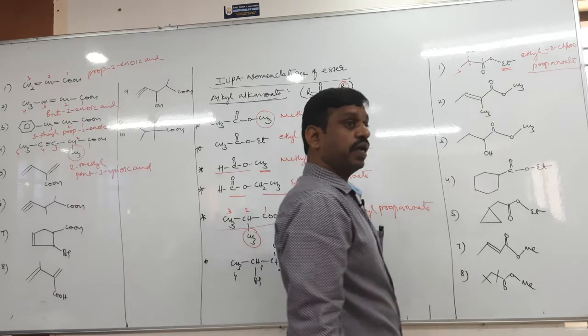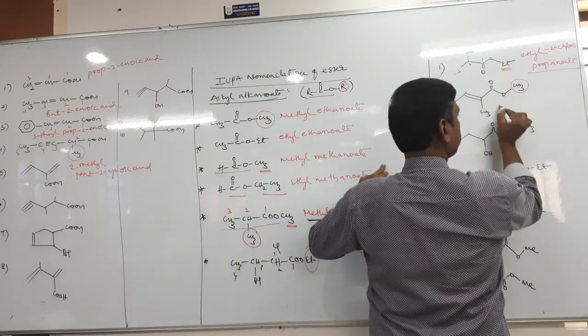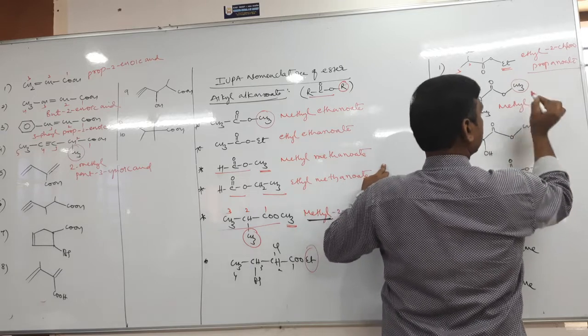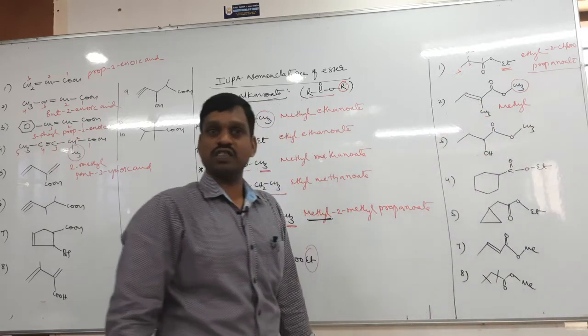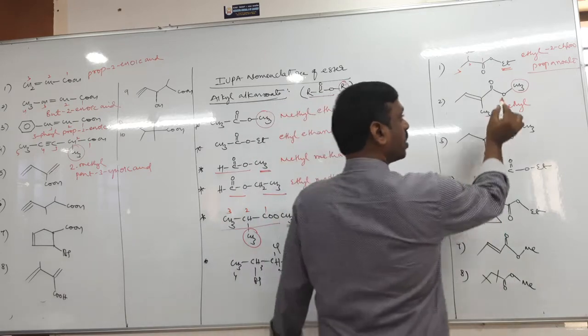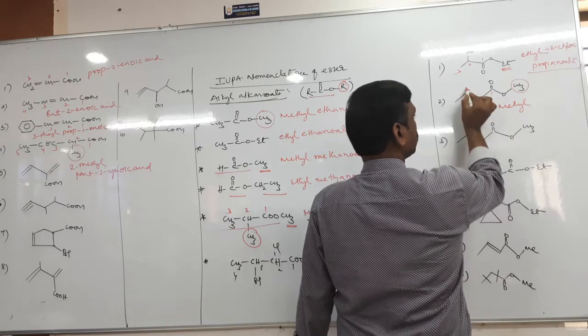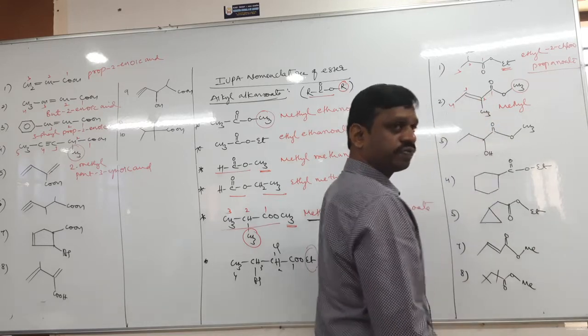Right. If there are multiple bonds, same rule. First write the methyl, the alkyl group which is attached to the oxygen. The remaining part is alkanoate. The numbering should start from the double bond. 1, 2, 3, 4.